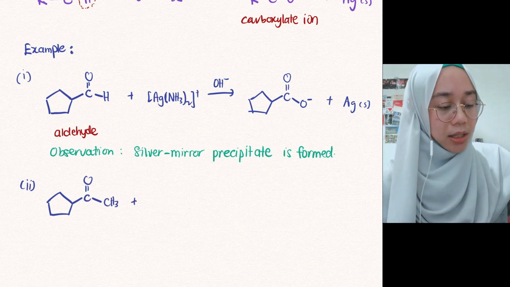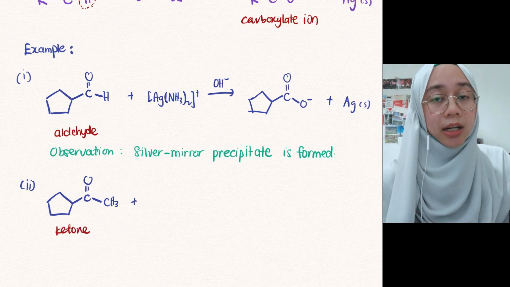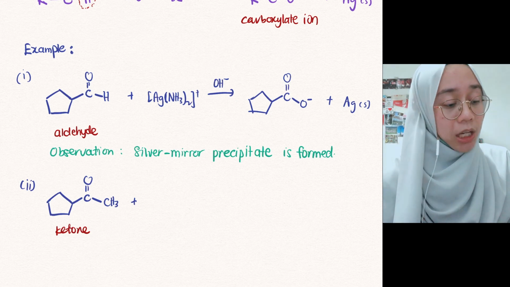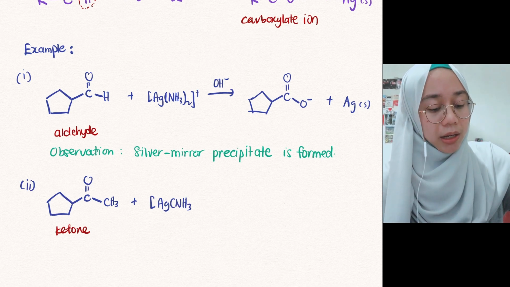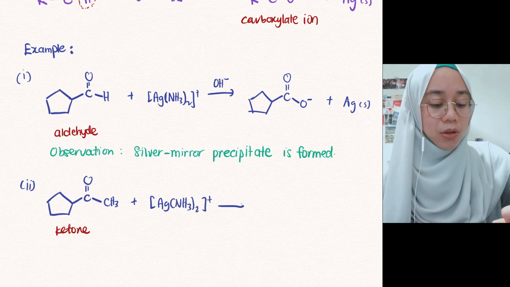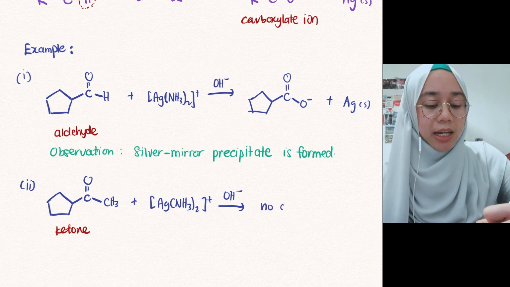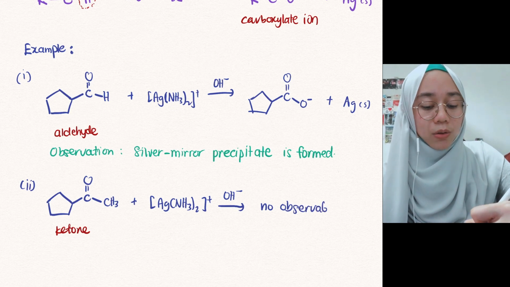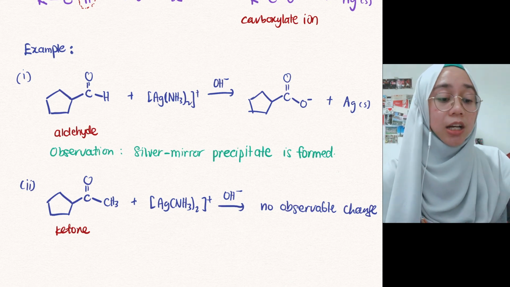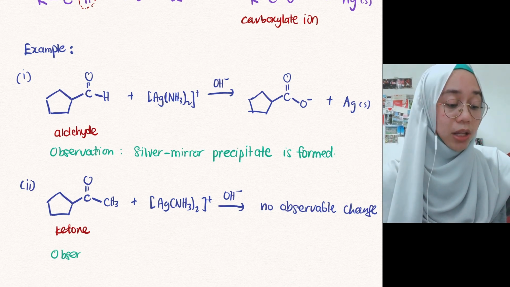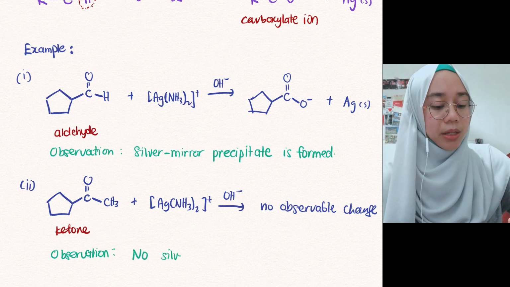Okay, so since keton kita ni dia tak ada H yang attach kepada the carbonyl group itself, so bila kita reactkan dengan the Tollens reagent, so apa yang berlaku kelas? So no observable change. Therefore, apa yang kamu nak kena tulis dekat observation? So since dia adalah yang negative result, so tambah je perkataan no silver mirror precipitate is formed.